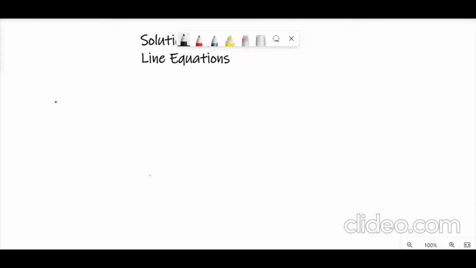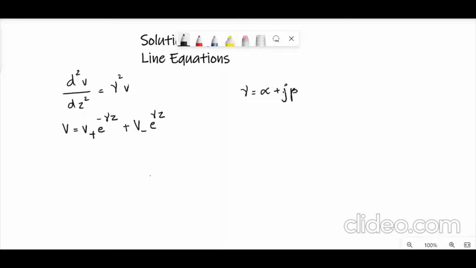From the previous video, we have seen that the transmission line equation is given by ∂²V/∂Z² equivalent to γ² into V. One possible solution for a differential equation of this type is V equal to V+ into e raised to minus γZ plus V− into e raised to γZ. Now γ is known as the propagation constant, and γ is given as α plus jβ.